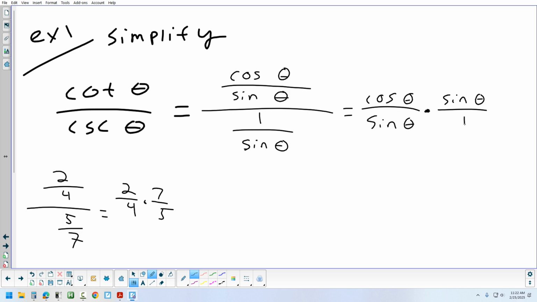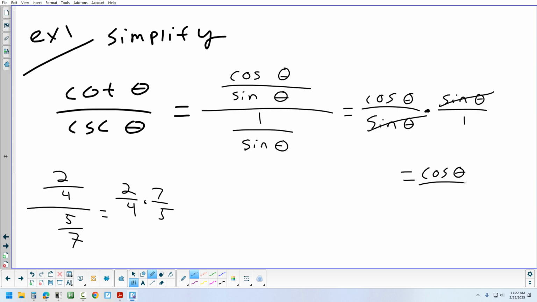And now we are multiplying two fractions together. And what's going to happen there? Sine theta cancels on both sides. Because we have multiplication, you can cancel the same thing that's in the top and the bottom. And what are you left with? Cosine theta over 1, so cosine theta.